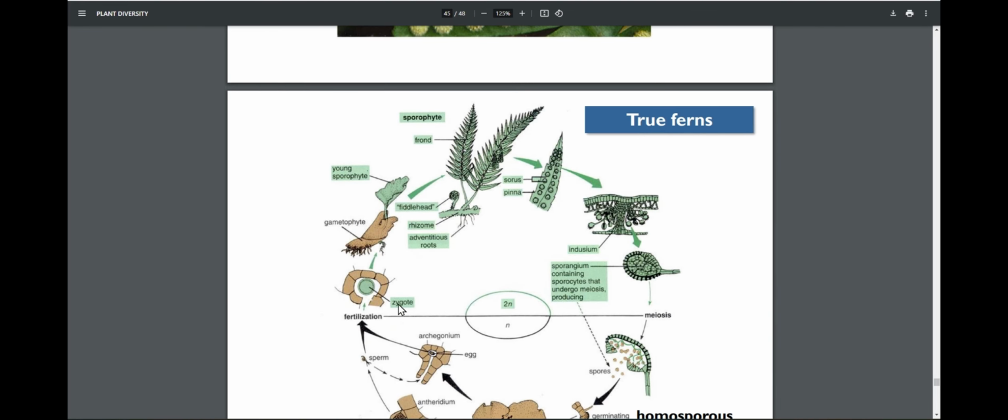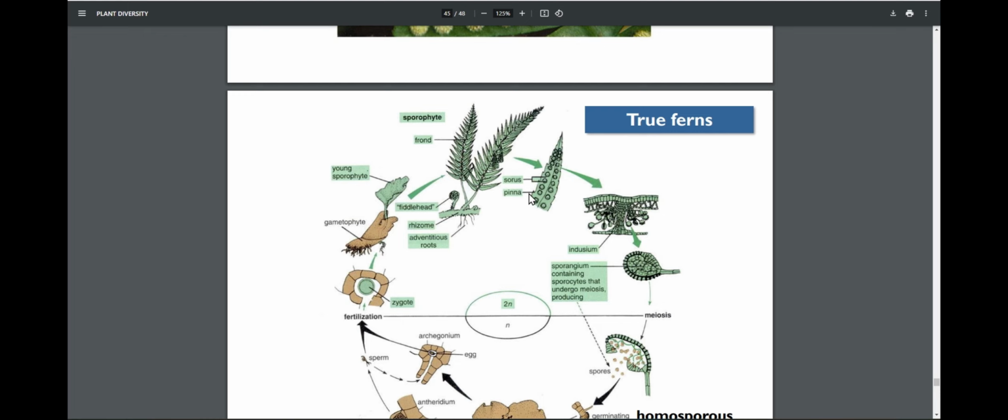The zygote fertilizes and grows into a young sporophyte, and then the frond sprouts roots. Whatever, it doesn't really matter.